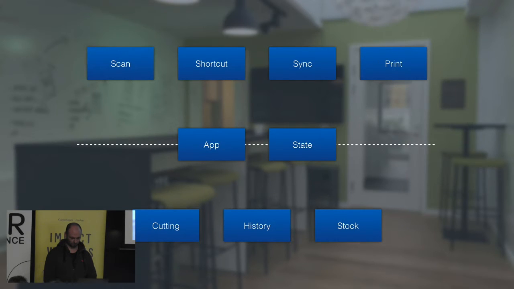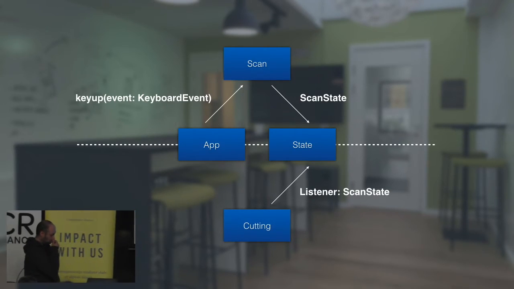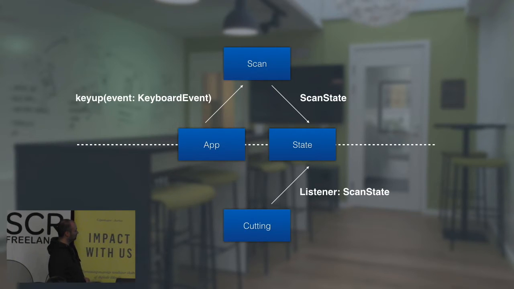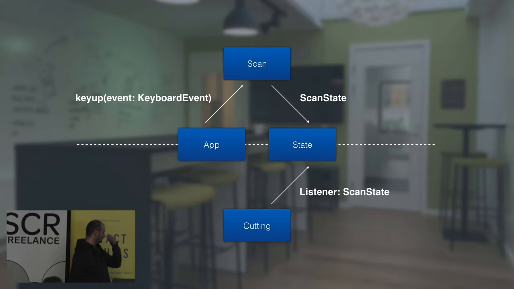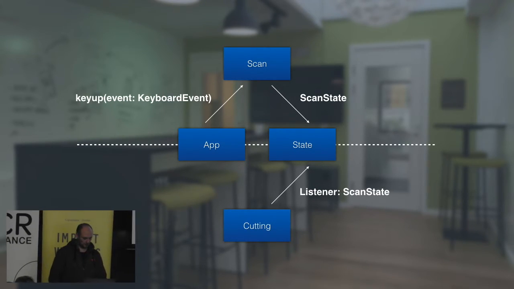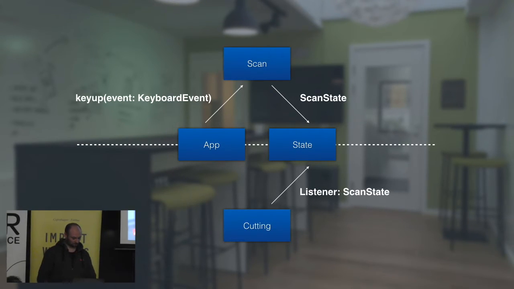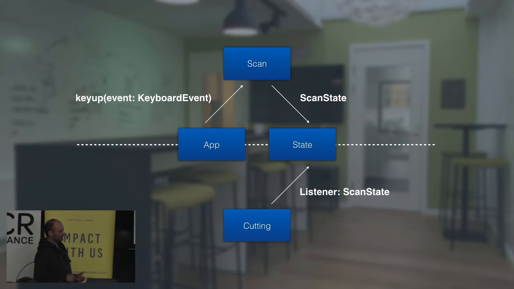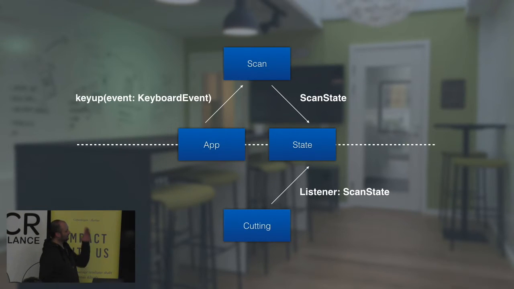So this is what I was talking about, my example. It's pretty similar to what Søren was talking about. Our main application catches all key events, and these are processed by the scanning service. Whenever it receives a valid scan, it sends it out through our state service.